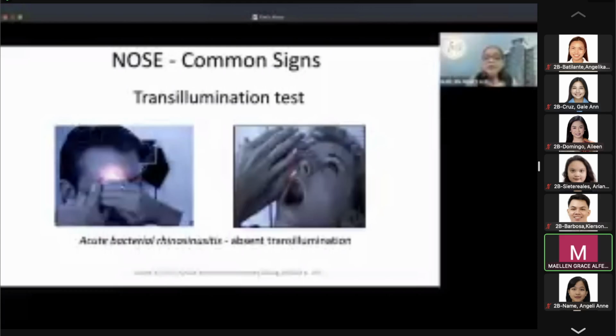And on the next picture, you will see a normal transillumination test of the maxillary sinus. If this transillumination is absent, so you don't see that red glow on the frontal or at the maxillary, then that's absent or negative transillumination, wherein the most common problem will be due to an acute bacterial rhinosinusitis.